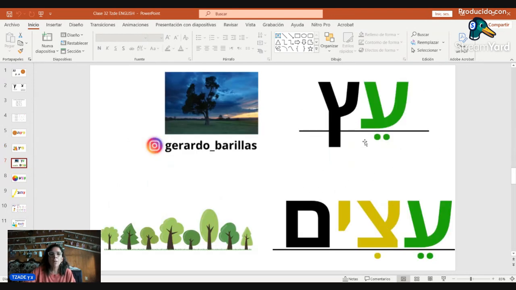We're going to learn how to say tree in singular and in plural. But before, I really want to say thank you to Gerardo Varias because he has given me so many pictures, not only for this class, but when I wrote the manual Hebrew in Color.